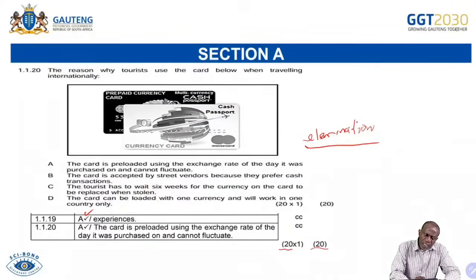So you are given 4 options, and you know for a fact that number C is totally out. Please remove it completely or scratch it out and remain with 3 options. And as you read further, you find that another one also is a misfit. Please cancel it, and you are left with 2 possible ones. And with the 2, if you analyze them well, you'll arrive at the correct answer. That is the process of elimination.